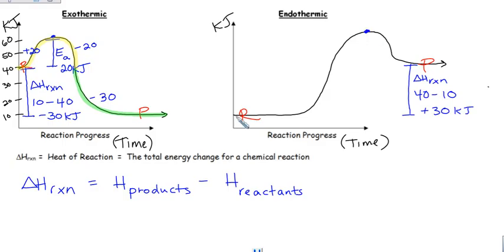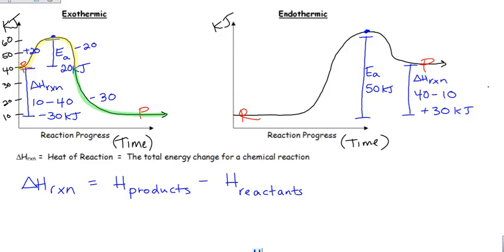I need to add all of this energy to get up to the point where I have sufficient energy for the reaction to occur. That's your activation energy. So it really is from 10 all the way up to 60, 50 kilojoules. Activation energy for an endothermic reaction is always pretty substantial. It'll be a lot higher than the exothermic version.